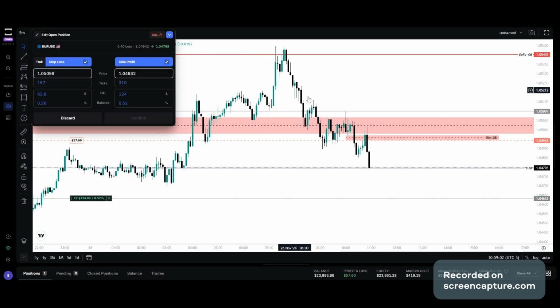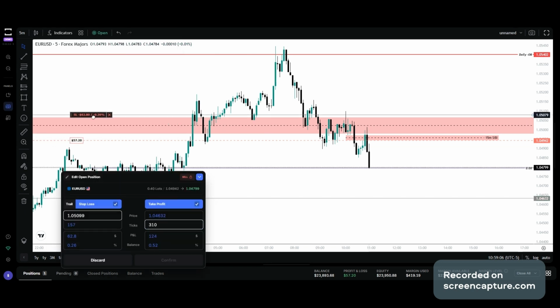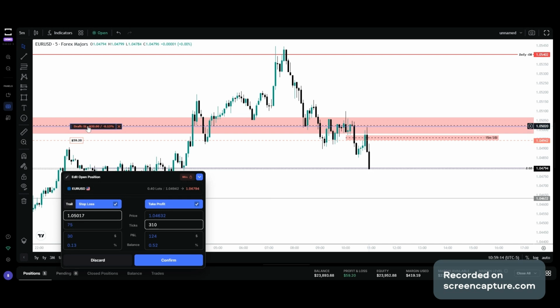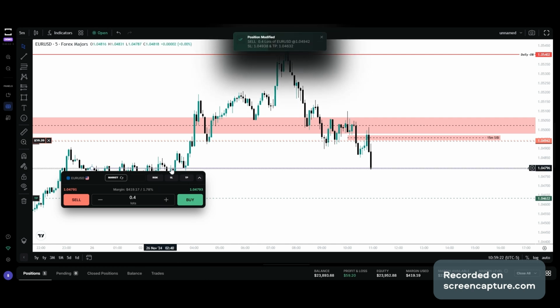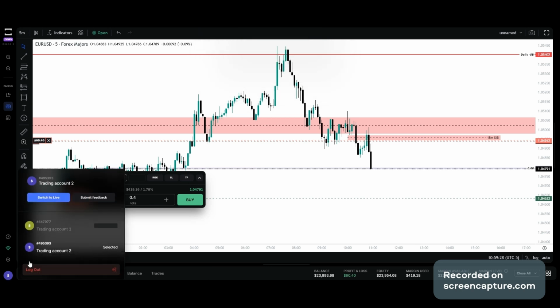I'll move my stop loss. I just move it to break even on both of my accounts.